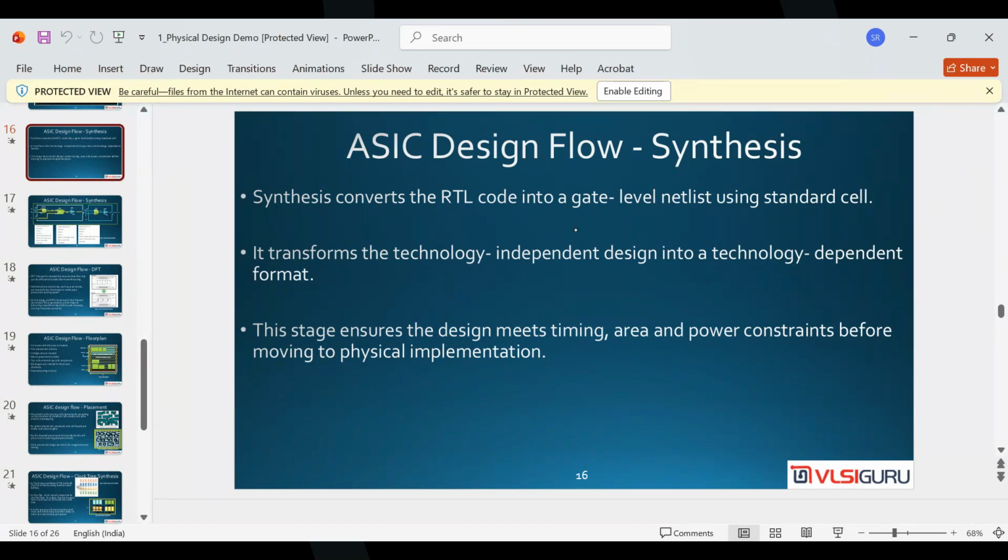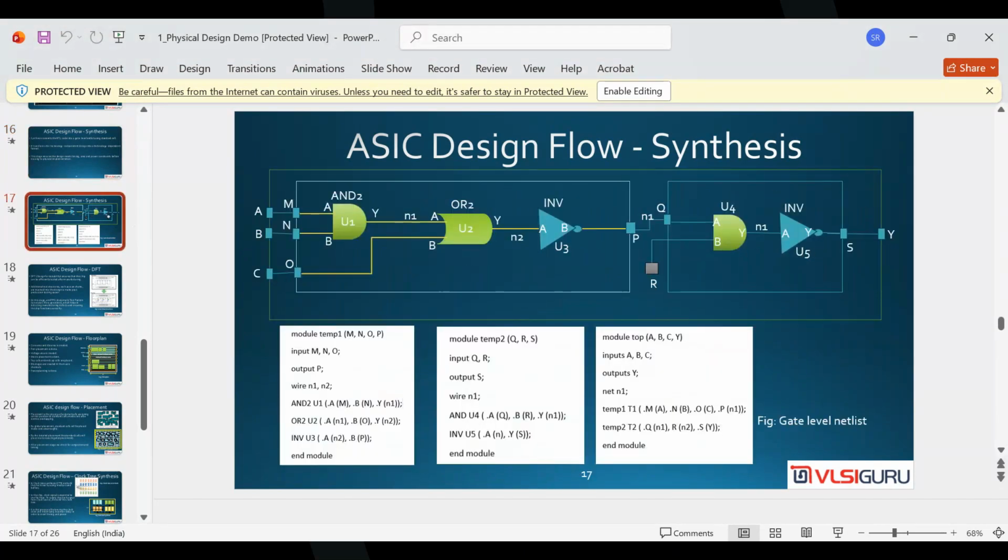So basically it converts a technology independent, non-physical design to a physical parameter related design, which is technology dependent. This stage ensures that the design meets timing, area, and power constraints after the conversion. It is basically a translation of the logical design into a technology dependent netlist, right?